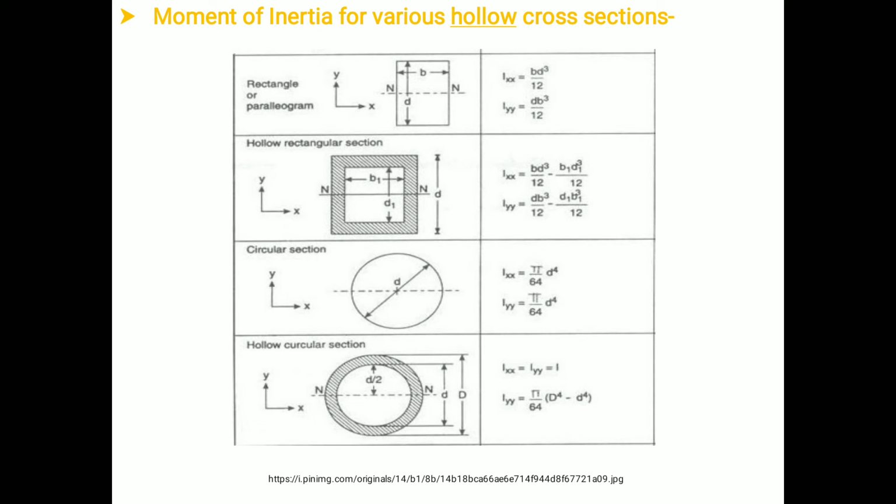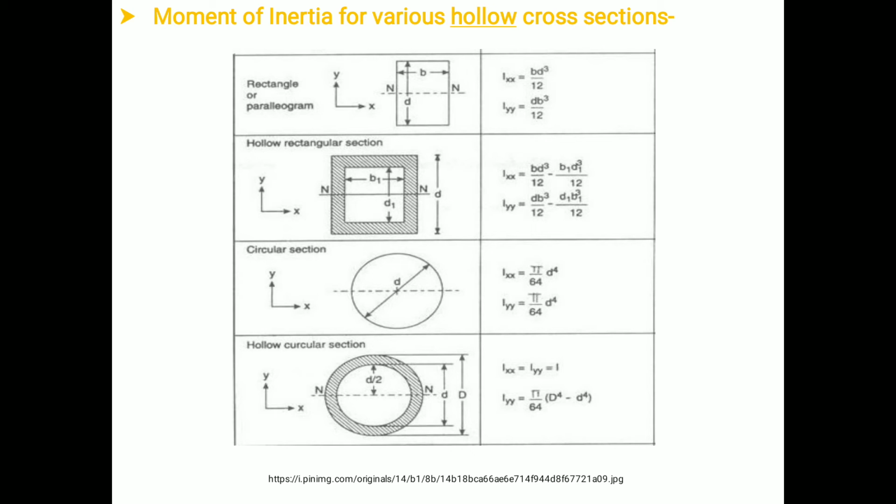Now we will concentrate on the hollow circular section. For a hollow circular section, the external diameter is capital D, whereas the internal diameter is small d. If I consider the moment of inertia about Ixx or Iyy, then both values are the same.